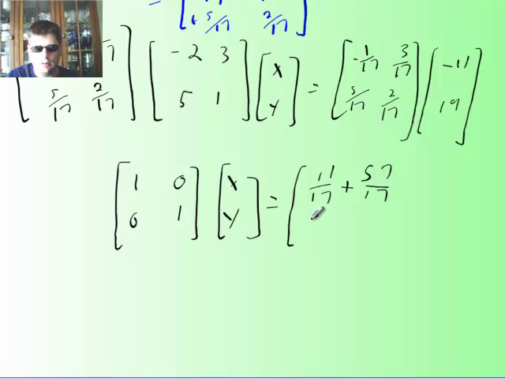And then the next row, negative 55 seventeenths plus 38 seventeenths.